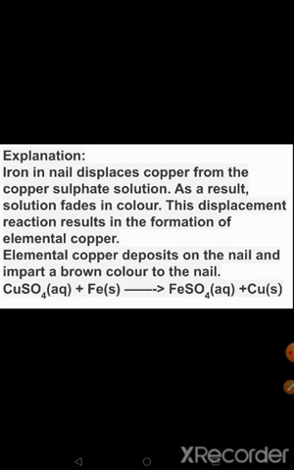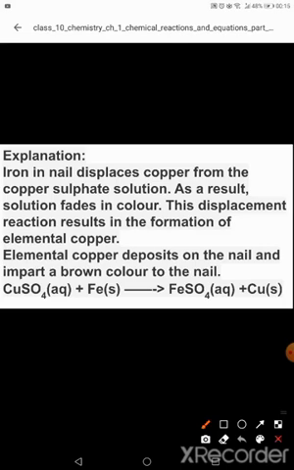So this displacement reaction results in the formation of copper. So iron in the nail displaces copper from the copper sulfate solution, because of which the solution fades in color, and the deposits of copper can be seen on the iron nail, because of which it has turned brownish in color.